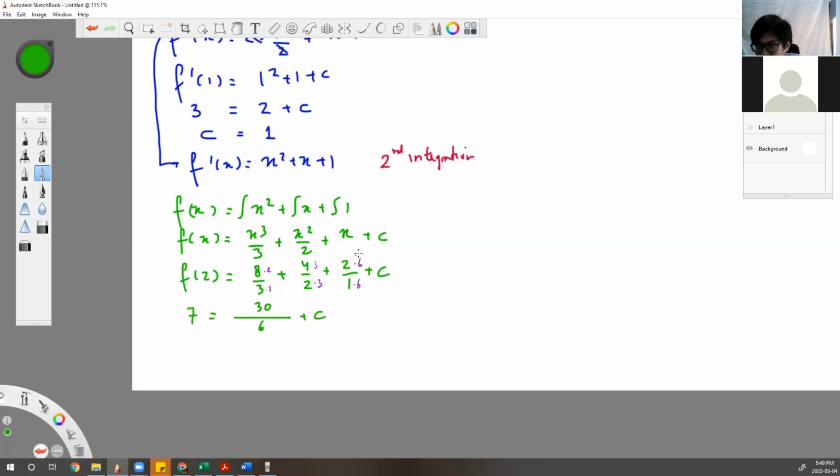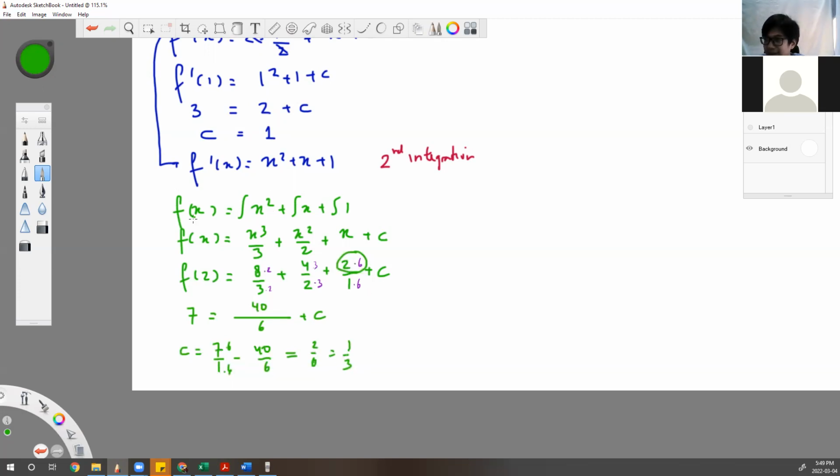Sorry, 28 plus 12, 40. Or C equals 7 minus 40 over 6, times 6 times 6. So 42 minus 40 over 6. Oh, C is 1 over 3.